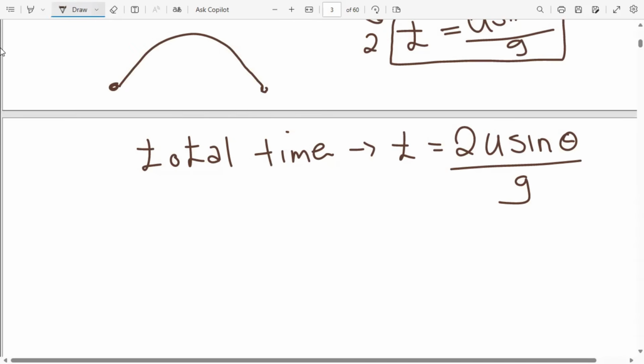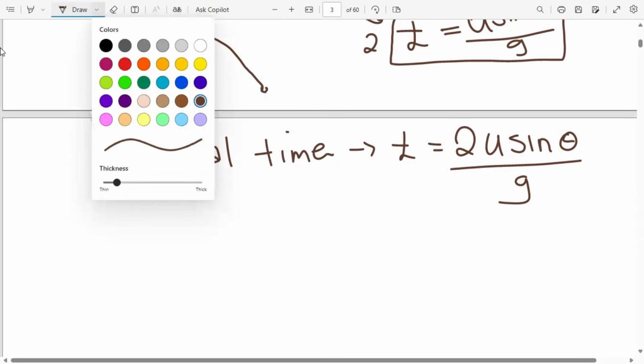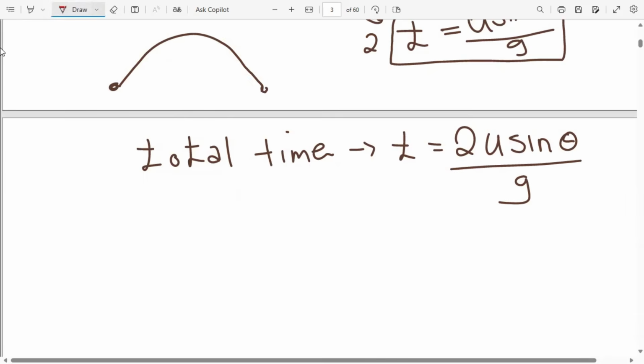The second thing that we can calculate is the maximum height itself, H max. So how do we calculate the maximum height of a projectile? We're going to use this equation from the equations of motion.